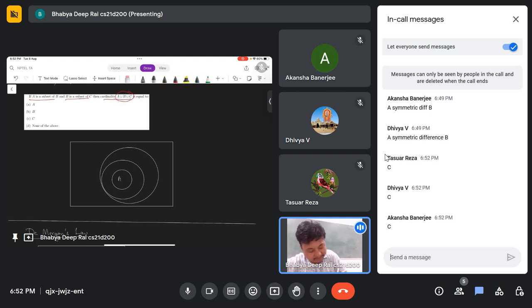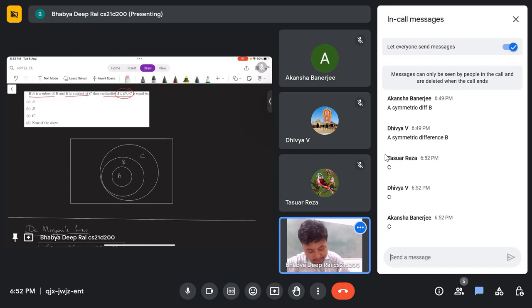So now what do you have? What is A union B union C? It is a set of all elements that are contained in A also and B also and C also. It is a combination of all the elements sitting inside the three sets, which is nothing but this shaded area. But what is this shaded area? The shaded area is nothing but C, right? So the answer is C.